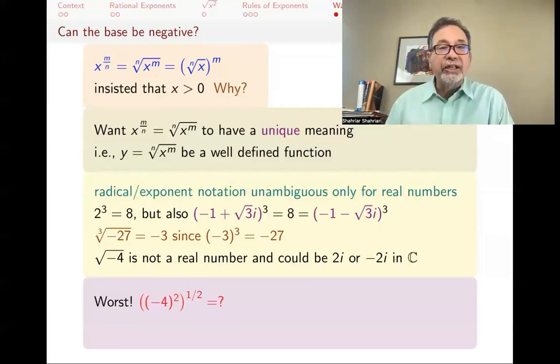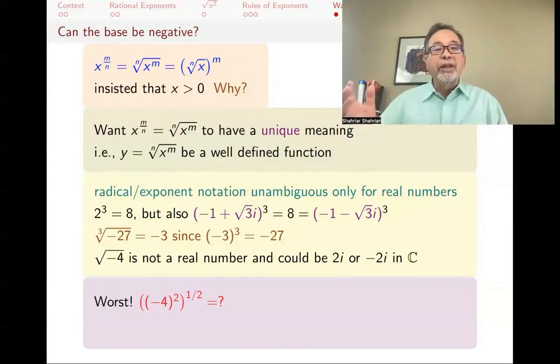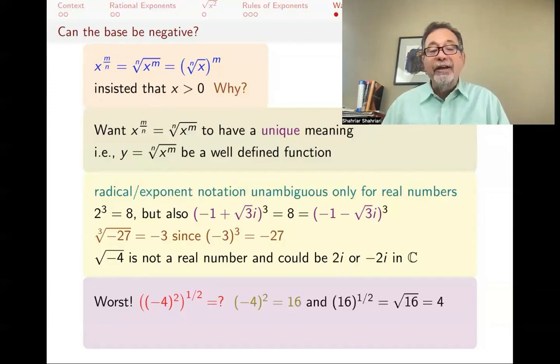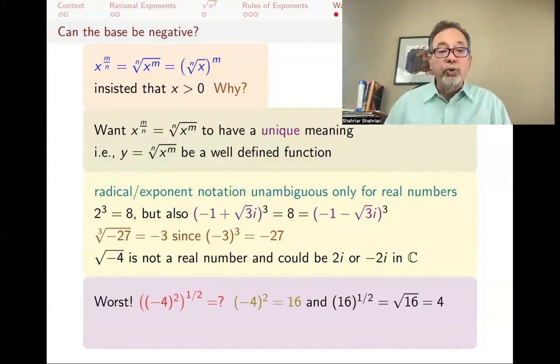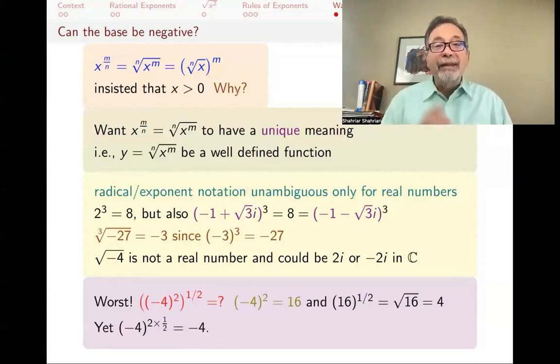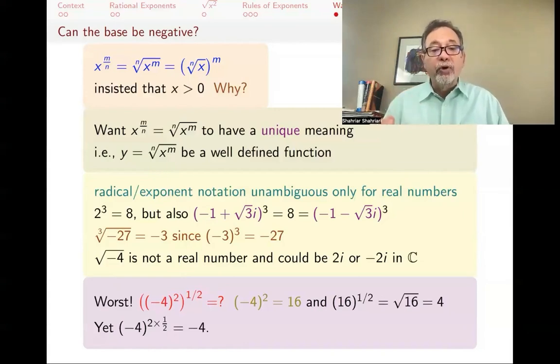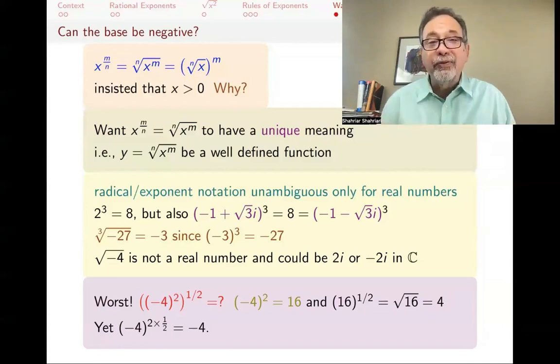But there's worse things than that. If you allow a negative base, then our rules do not work. For example, look at minus 4 squared to the 1/2. What is that? Minus 4 squared is 16, and 16 to the 1/2 is square root of 16, and that should be 4. On the other hand, if you use one of our rules and we multiply the exponents, 2 times 1/2 is 1, and minus 4 to the 1 is minus 4. And so if the rules for exponents wanted to work, then we would get minus 4 equals 4.